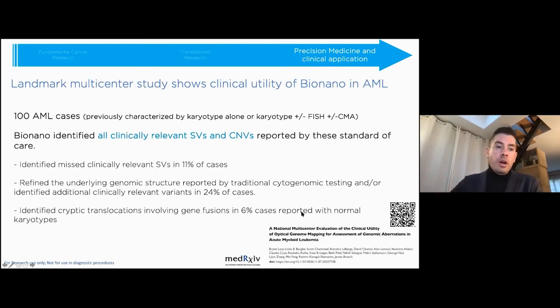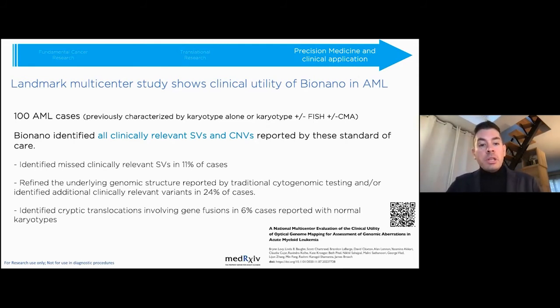The conclusion of their study is that besides identifying all clinically relevant SVs and CNVs reported by the combination of the technologies that constitute their standard of care and reporting on additional SVs missed by routine methods, optical mapping also refined the genomic structure reported by traditional cytogenetics and identified additional clinically relevant variants in about 24% of the cases.